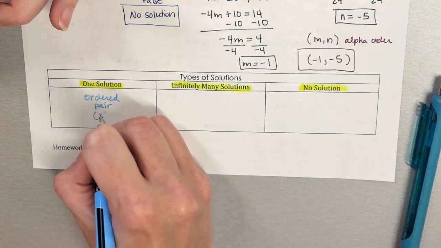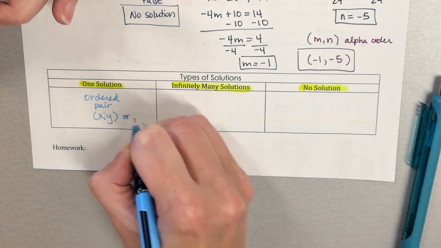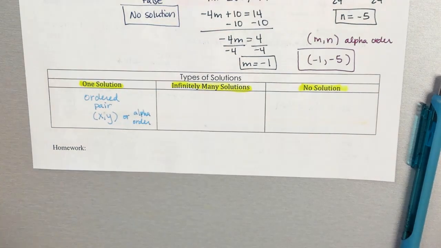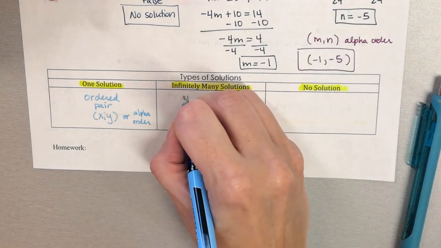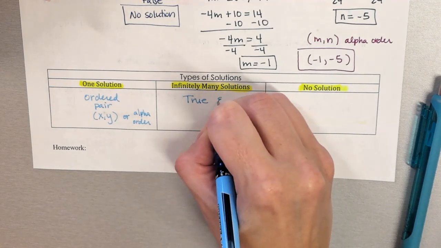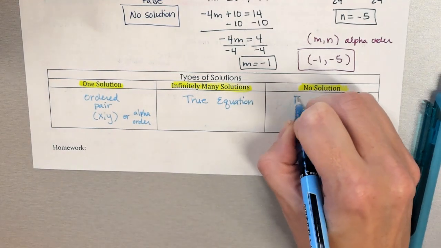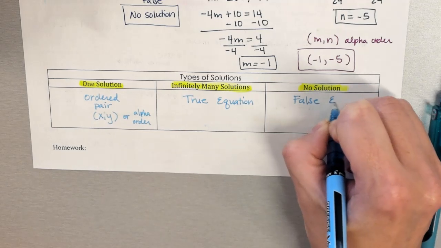The ordered pair is x, y, or whatever is in alphabetical order. Infinitely many solutions happen when you have a true equation, and no solution is when you have a false equation.